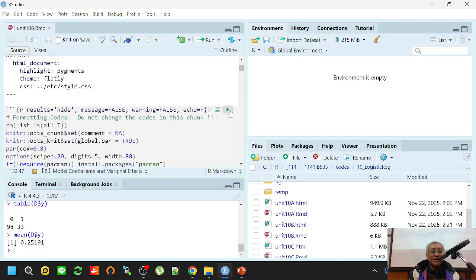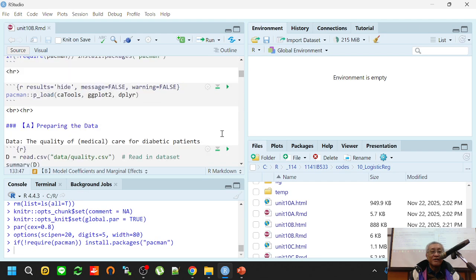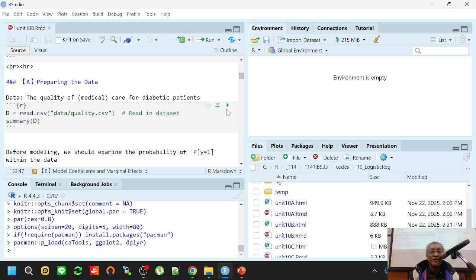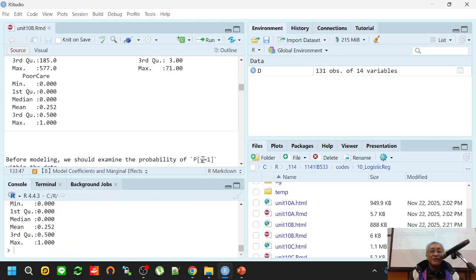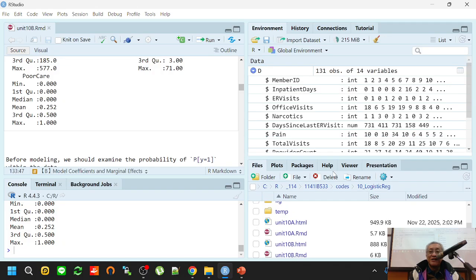Now let's execute the first block, and then the second block, and the third block. Now, again, we have a data frame of 131 observations.